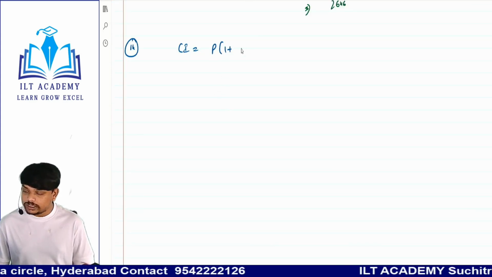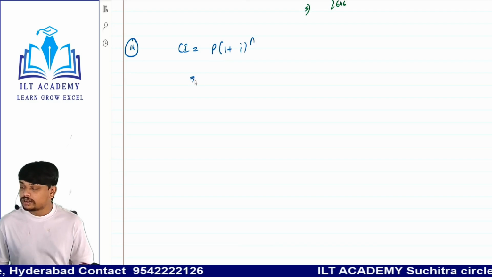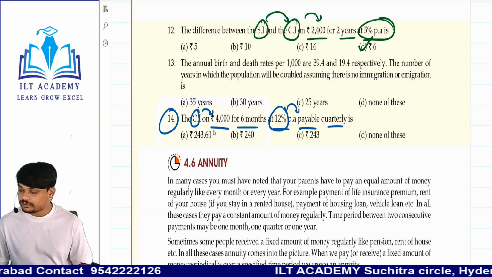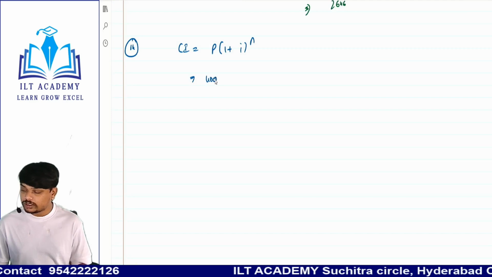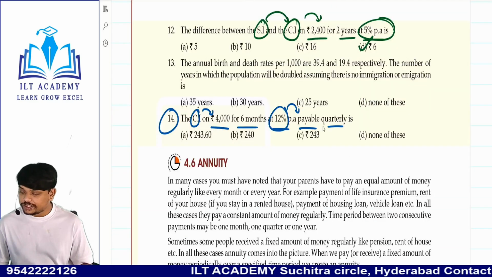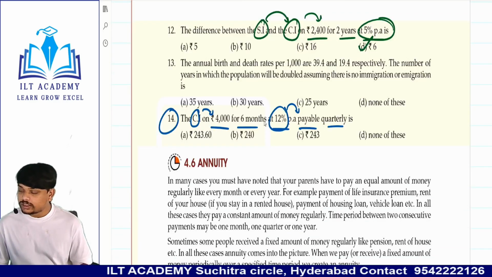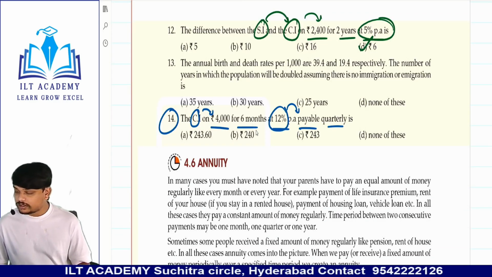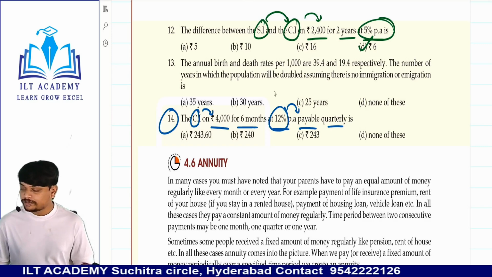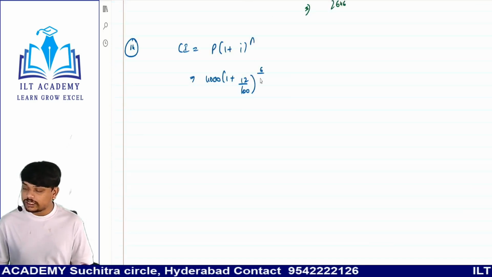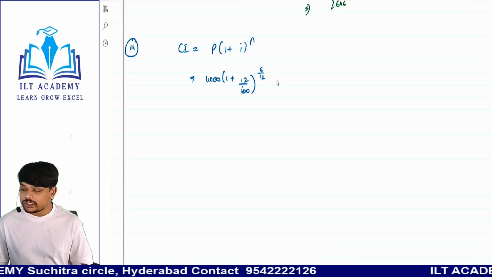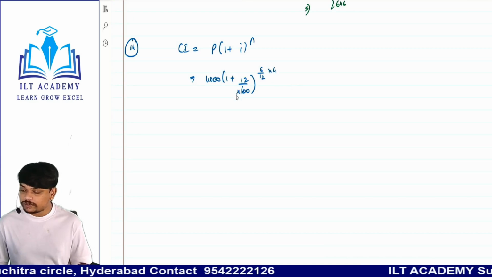P into 1 plus I whole power n. So principal is how much? 4000. Rate of interest is how much? 12 by 100. N is what? 6 months. Months is nothing but 6 by 12. And it is payable quarterly. How many times? 4 times.